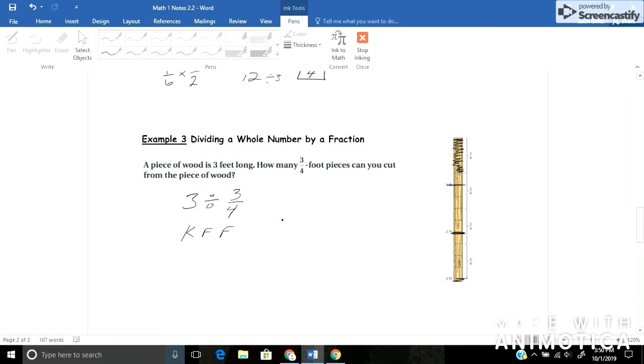Keep my first fraction the same. Well, Mr. Gillis, this isn't a fraction. Remember, you can write it as a fraction by just putting a 1 under it. So 3/1. Change my division to multiplication, and my second fraction to its reciprocal, so 4/3.